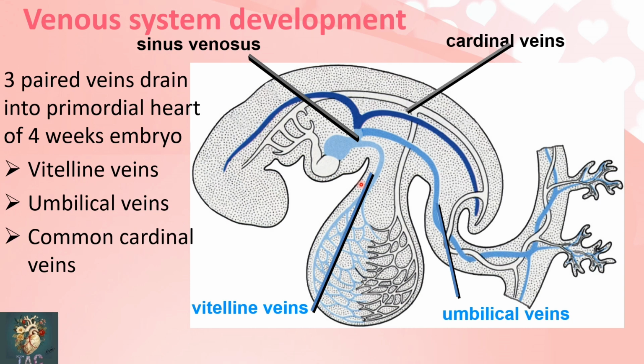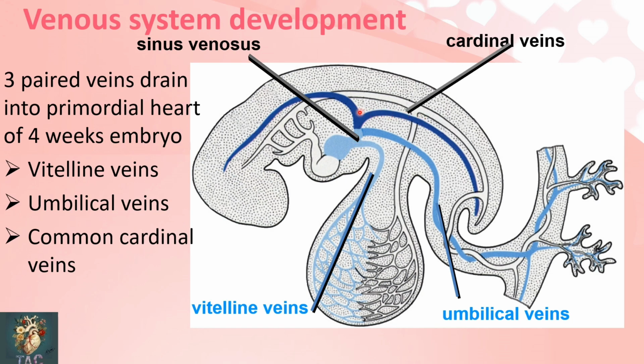In the developing embryo, there are usually three paired veins that drain into the primordial heart. The first are the vitelline veins, also called the omphalomesenteric veins, which drain from the yolk sac into the right horn of the sinus venosus. The next set are the umbilical veins, which carry blood from the placenta through the umbilical cord into the right horn of the sinus venosus.